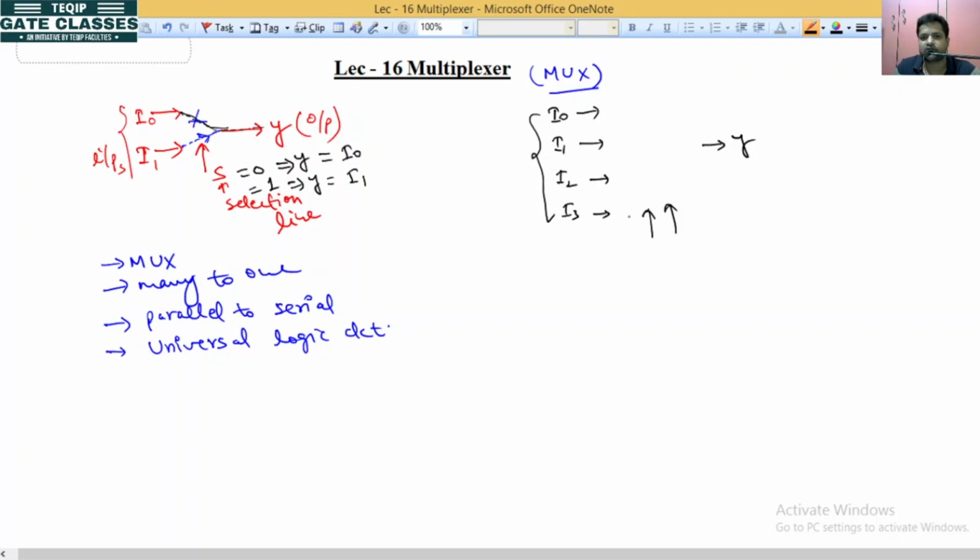So in this case we will have 2 selection lines. Okay? So when s1 s0 is 0 0, then y is equal to I0. If it is 0 1, then y equals I1. If it is 1 0, then I2 is transferred to the output. If it is 1 1, then I3 will be transferred to the output. Okay?